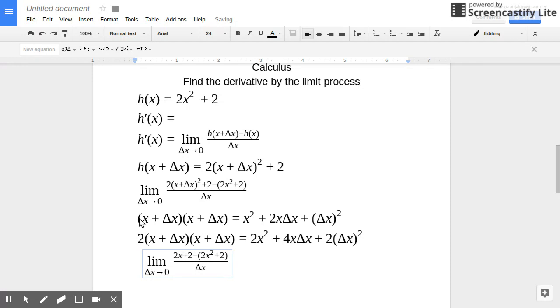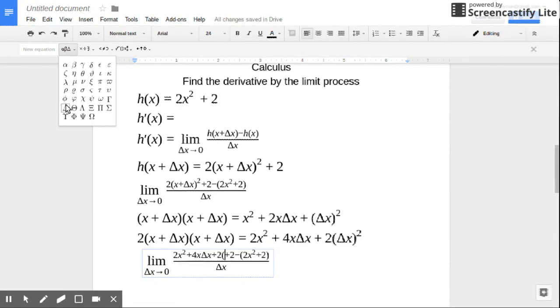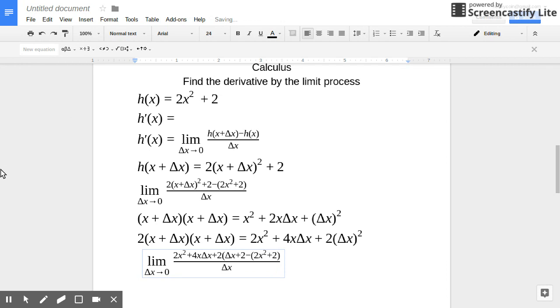It's 2x squared plus our 4x delta x, plus our 2, and I'm going to go ahead and just continue to put parentheses around this thing, squared there.